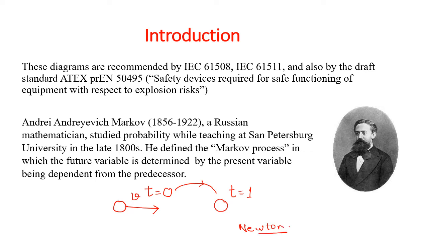From Newtonian mechanics, we get that if we know the velocity and direction of a ball at a particular time t equal to 0, we can predict its position at time t equal to 1. But we need to have sufficient information about the previous state, that is t equal to 0.